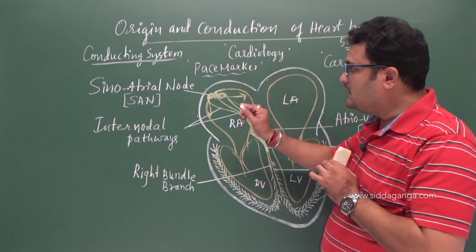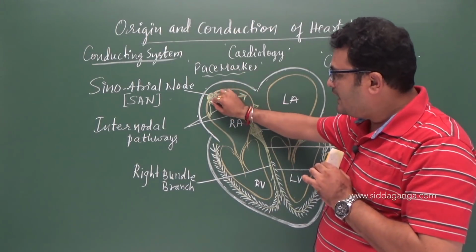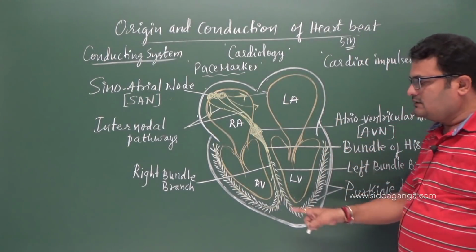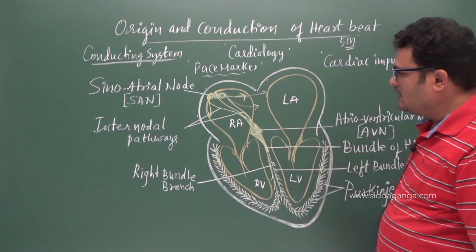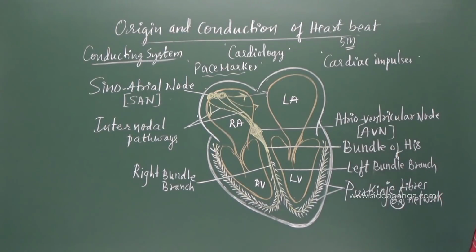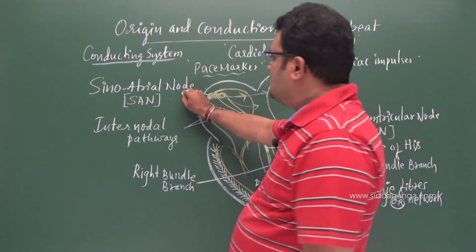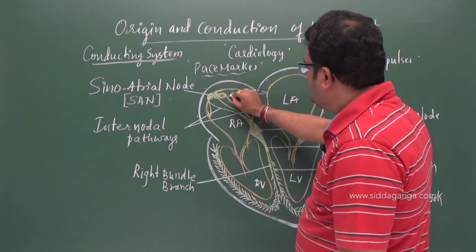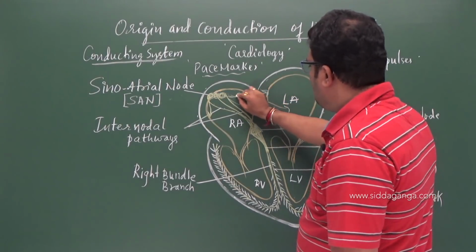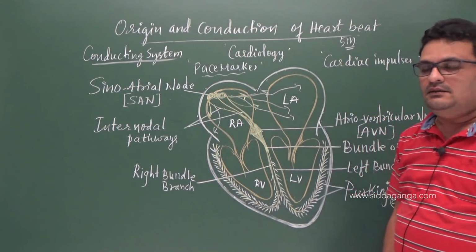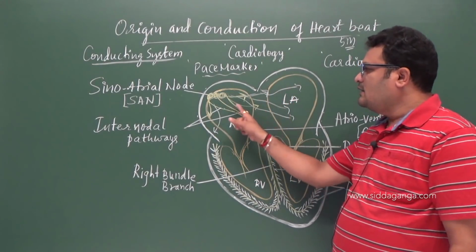So, as SAN initiates, immediately the muscle fibers carry the impulses. Please note down this diagram or take a screenshot of this. After the electrical impulses are initiated by the SAN, many muscle fibers carry them from here.